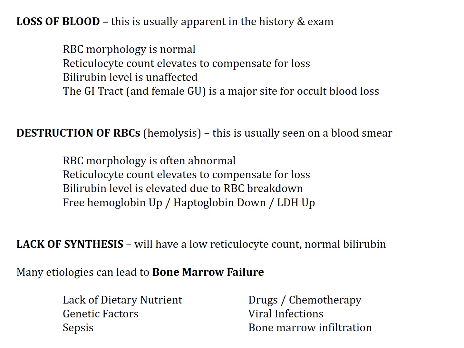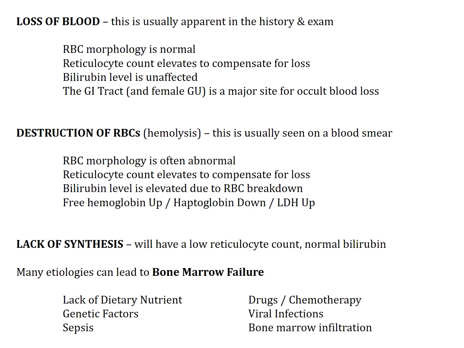Destruction of red blood cells is hemolysis. That usually is apparent on the blood smear because the red blood cell morphology is very abnormal. You get a bunch of fragmented, broken red blood cells that the lab tech should report for you. Same thing here. The problem is not in the bone marrow, so your reticulocyte count should be okay.